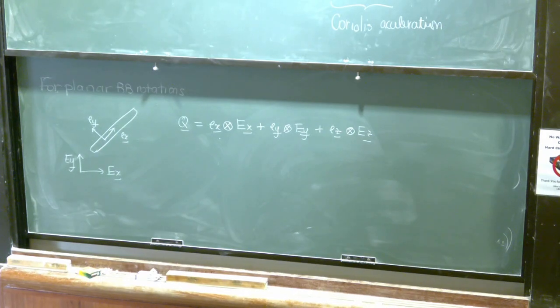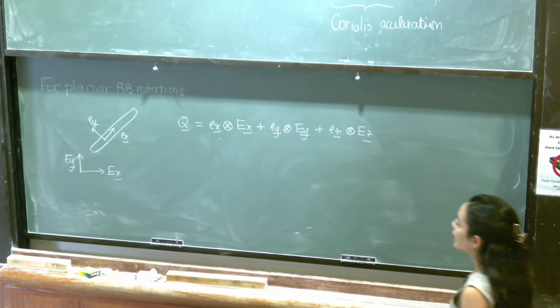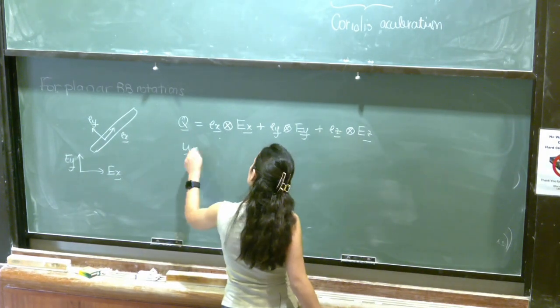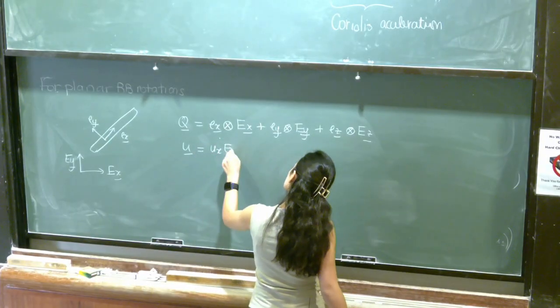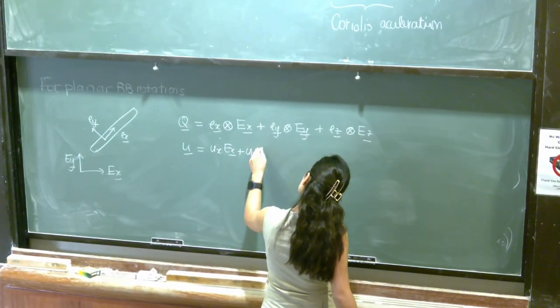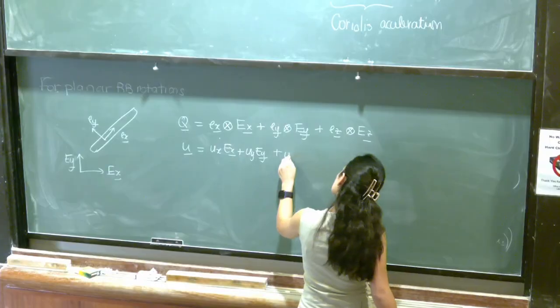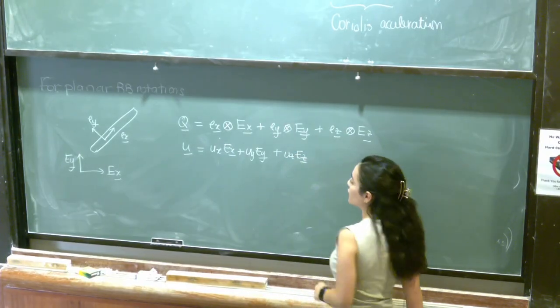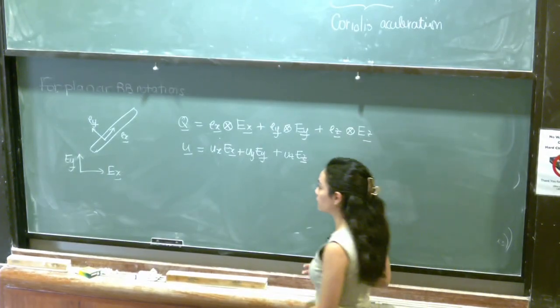So let us consider a vector. Let me consider a vector u, plus uz, and I'll apply Q to it.